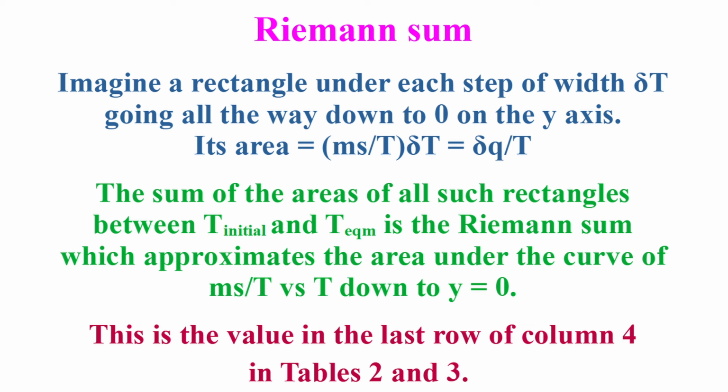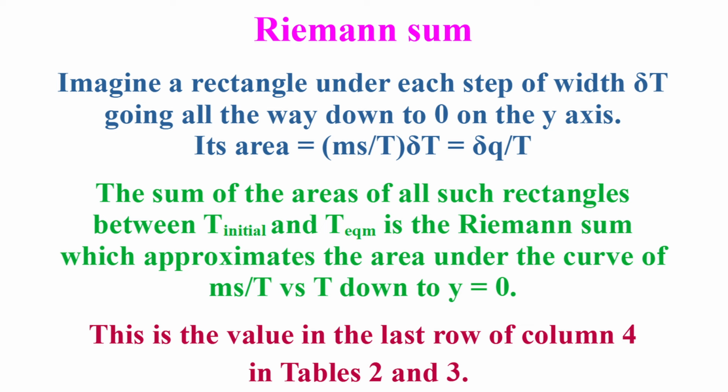Accordingly, imagine a rectangle under each step which goes all the way down to the x-axis for which y equals 0. Its length equals ms over t and the width is del t. Therefore, its area equals ms over t times del t.